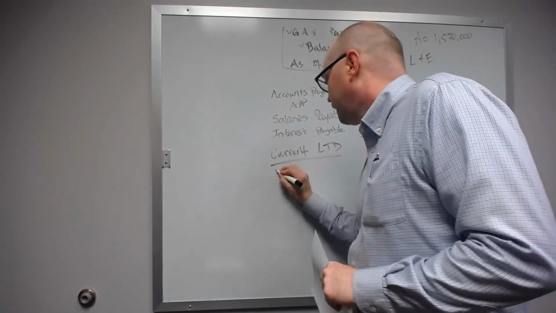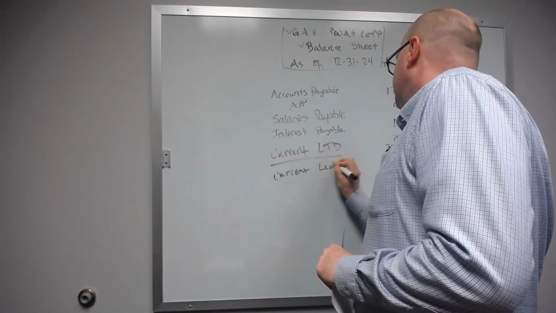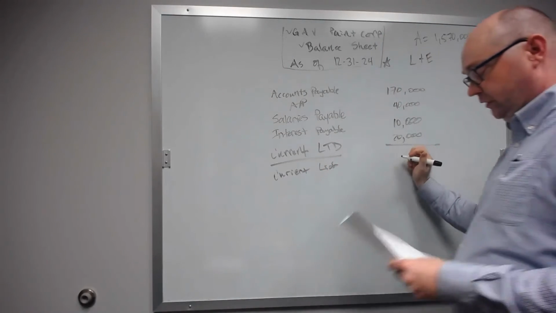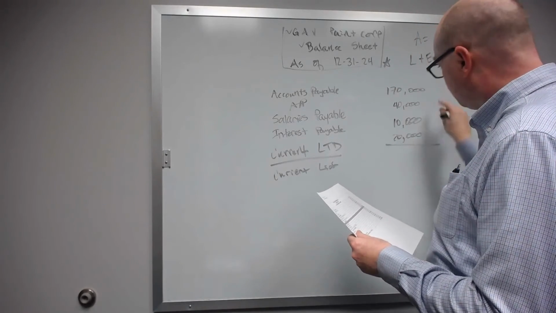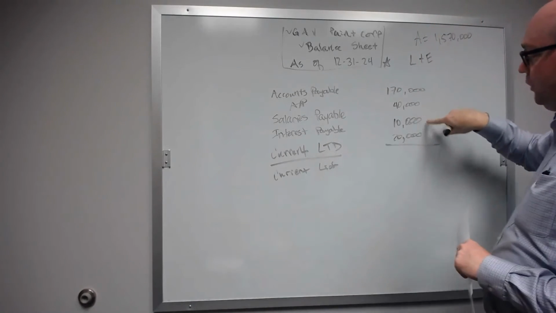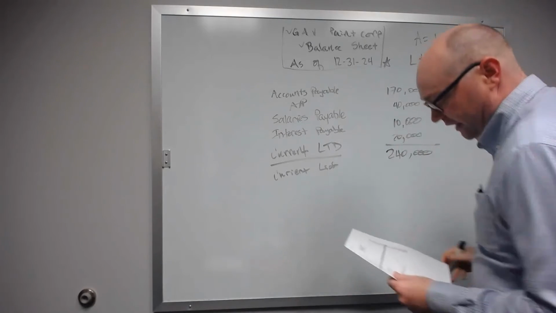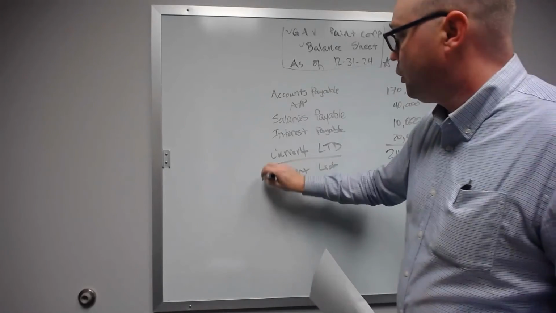So we've got current liabilities right here. And that's going to equal $240,000. This is why you should always use a calculator, not just your brain. Okay, so remember, these are just current liabilities.